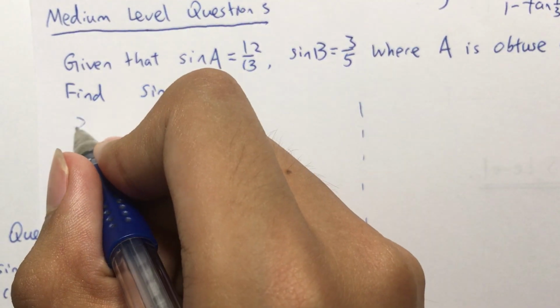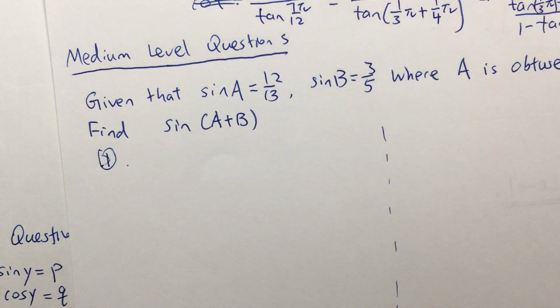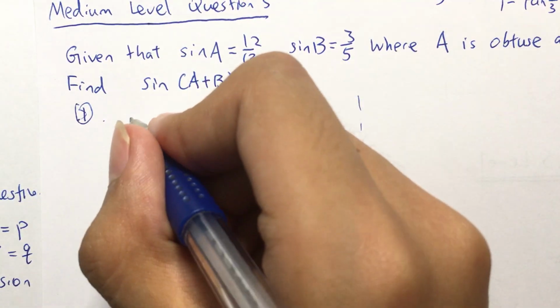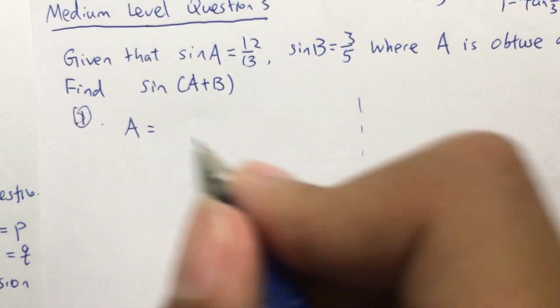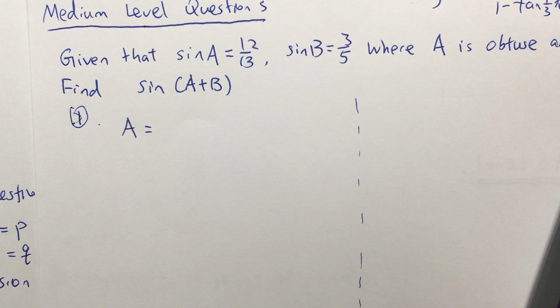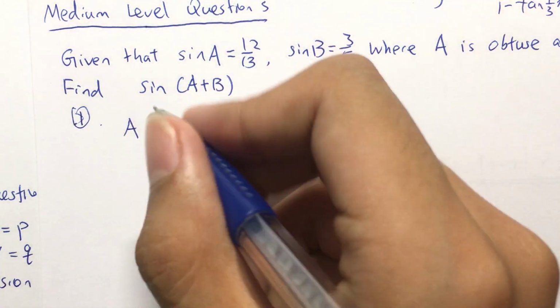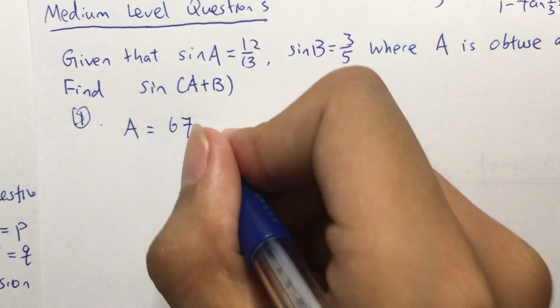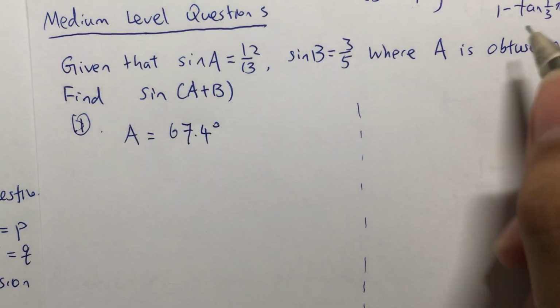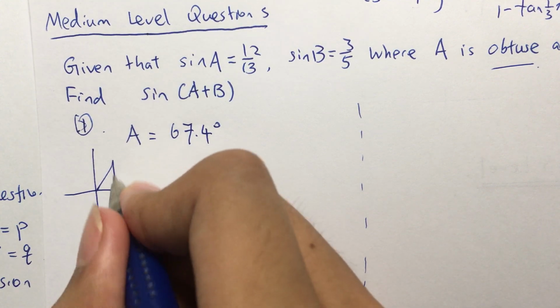Now we have two ways. The first way, we can just use a calculator. So let's calculate what A is equal to. Well, A is equal to 67.4 degrees. However, A is obtuse, so we need to adjust.